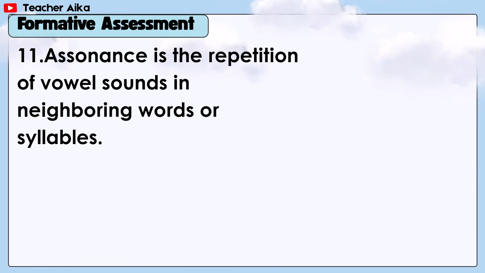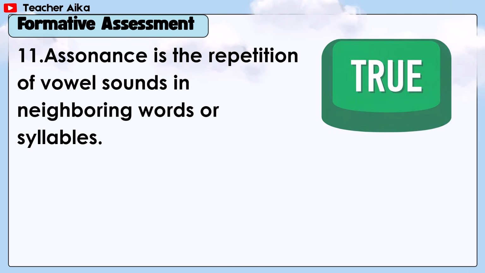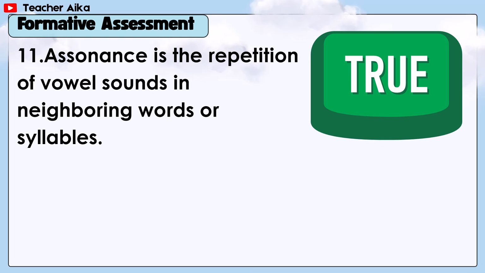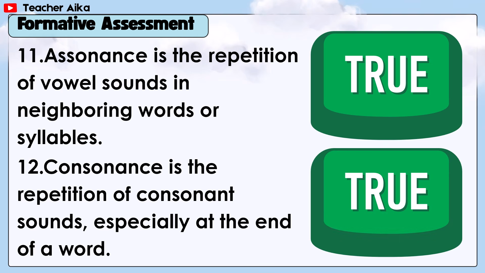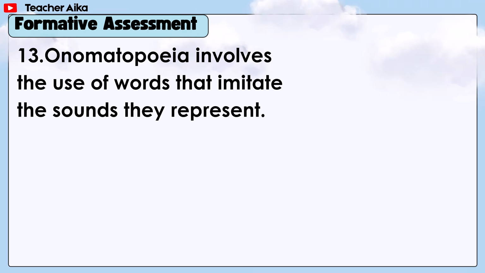11. Assonance is the repetition of vowel sounds in neighboring words or syllables. Answer. True. 12. Consonance is the repetition of consonant sounds, especially at the end of a word. Answer. True. 13. Onomatopoeia involves the use of words that imitate the sounds they represent.